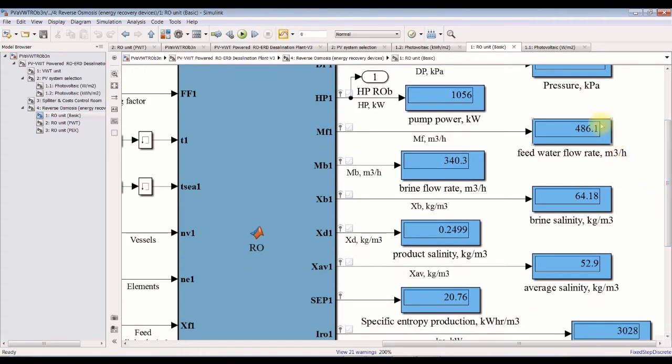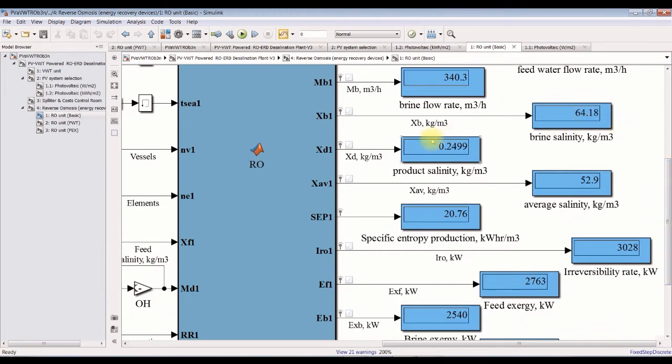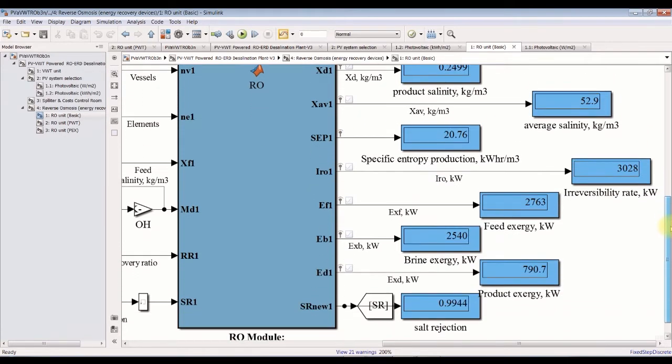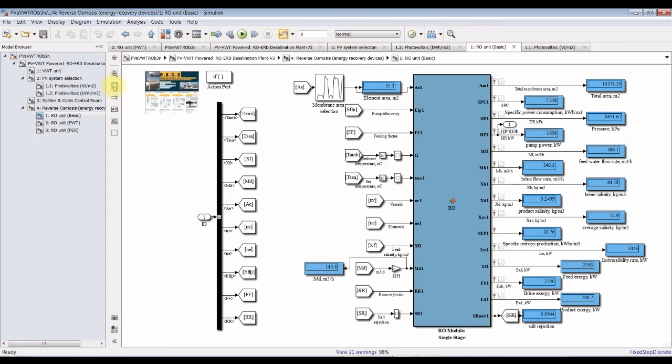You can discover the mass flow rate of the feed, the inlet mass, because it's a design model, brine loss, salinity of the brine, salinity of the distillate, the product, and this is average brine salinity, specific entropy production, irreversibility rate, feed exergy, brine exergy, product exergy, and salt rejection percentages.